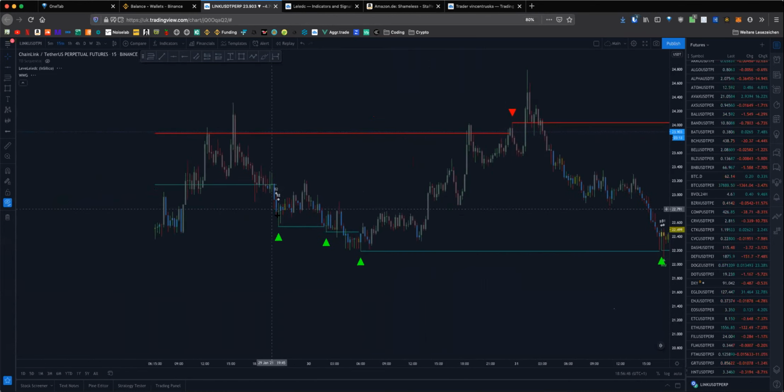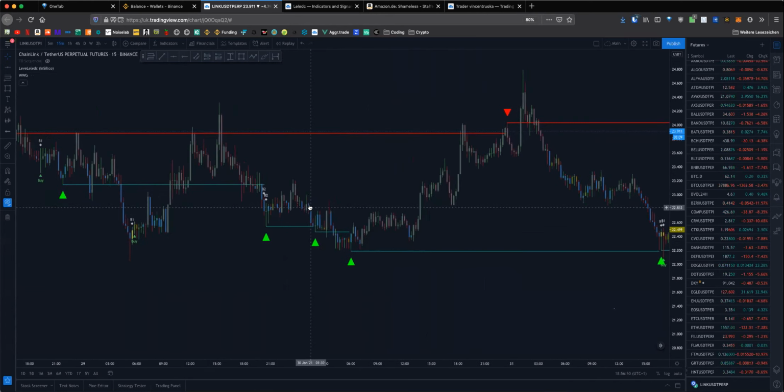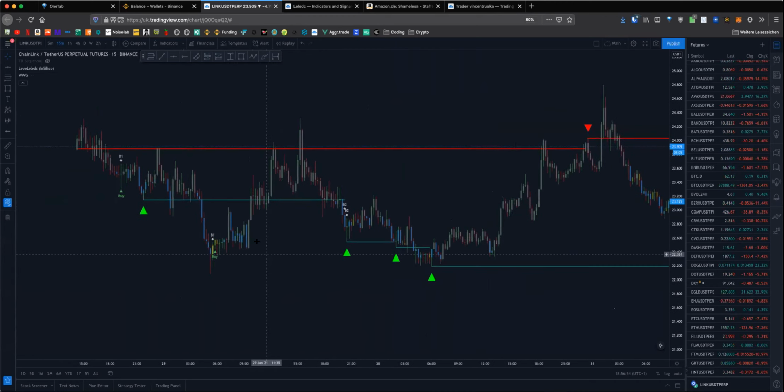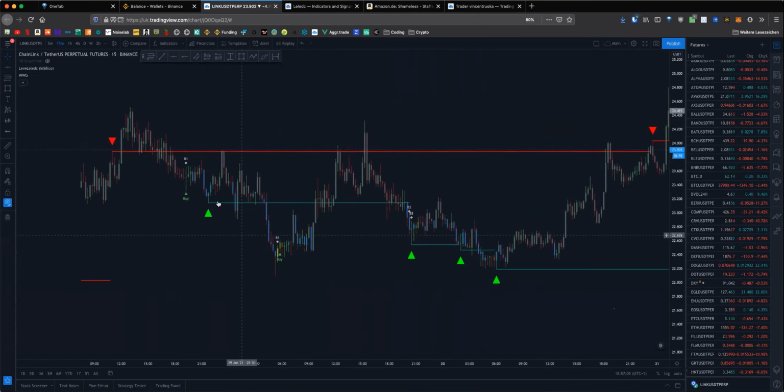But these colors are just really to give you some outlook into the future, that you can say, okay, RSI is oversold here. Maybe I want to set up some alert around here to see if the buy signal is getting printed, like this one here, for example.